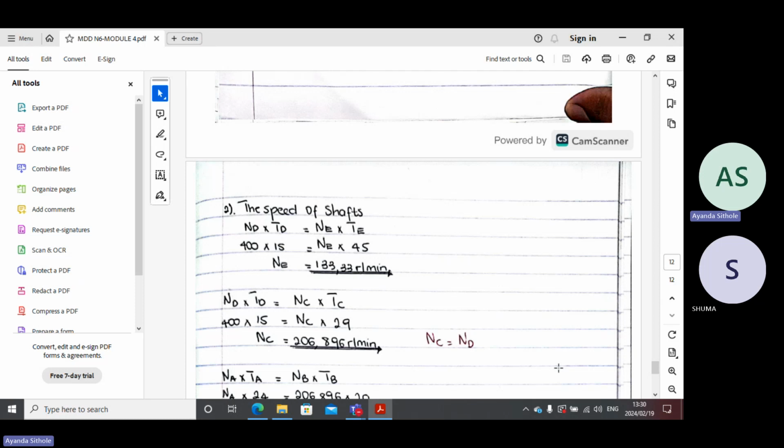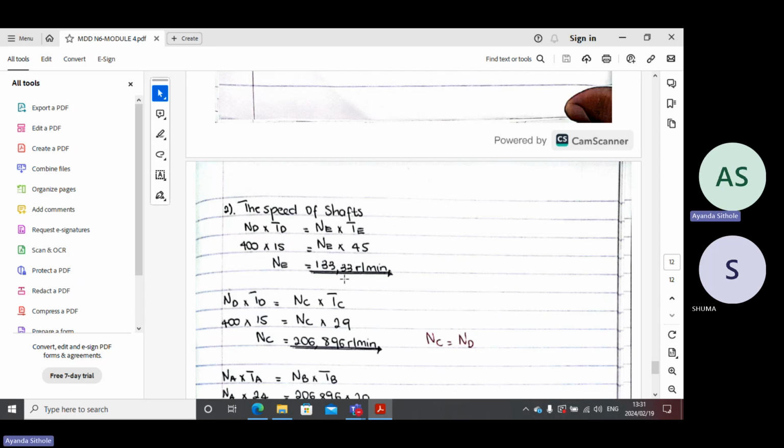Let's start with ND. You have this formula. ND meshes with NE. That is why we have ND times TD is equal to NE times TE. Then we substitute the values for ND and TD and solve for NE, which was 133.33 rev per minute.